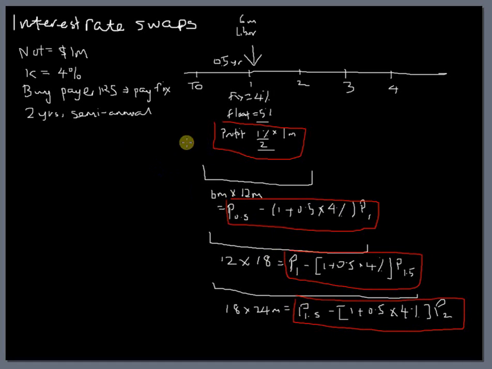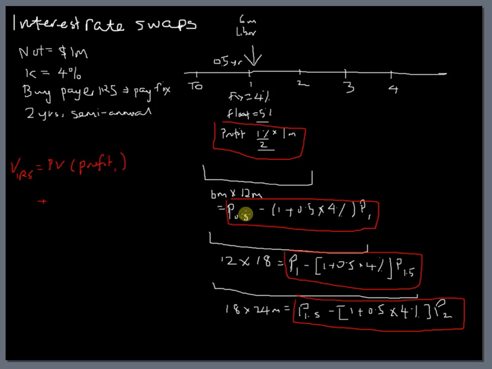Okay, so I can write all this, just sum all this up, and the value of the IRS is simply the present value of the first period profit, plus all this FRA.